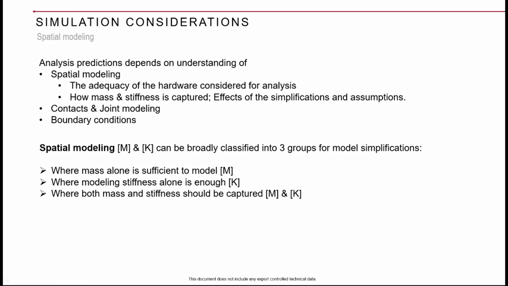How mass and stiffness are captured: while modeling mass and stiffness, sometimes you can directly model a body as a simple point mass element or a lumped mass, and sometimes you can model a body as a simple stiffness. So what are the assumptions behind those simplifications? Whether those are valid? Such kind of questions we have to pose to ourselves so that we will not go grossly wrong in simulations.